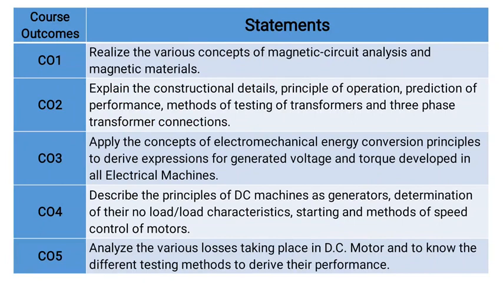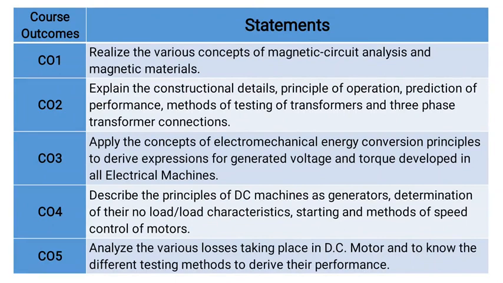Okay, so what is the outcome of this course? So finally, what will you realize after completion of each course? You should also know about that. So on the completion of course 1, that is unit 1, you will realize the various concepts of magnetic circuit analysis, and the magnetic materials.